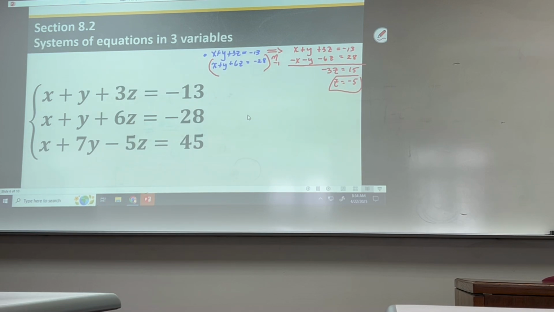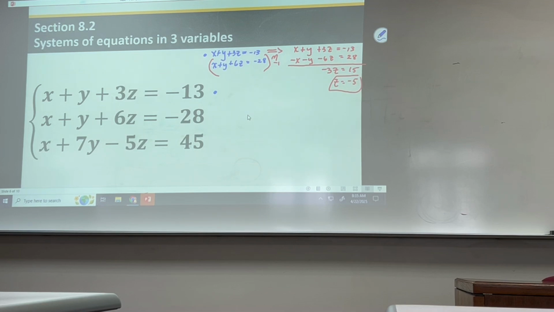That's the first bullet. The next bullet says pick 2 different equations but get rid of the same variable. So we did 1 and 2 that time. Do you want to do 1 and 3 or 2 and 3? What are y'all thinking? 1 and 3.